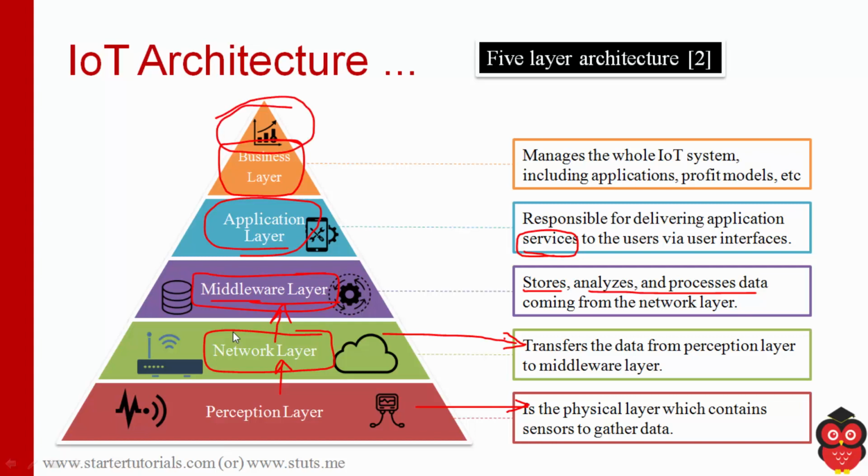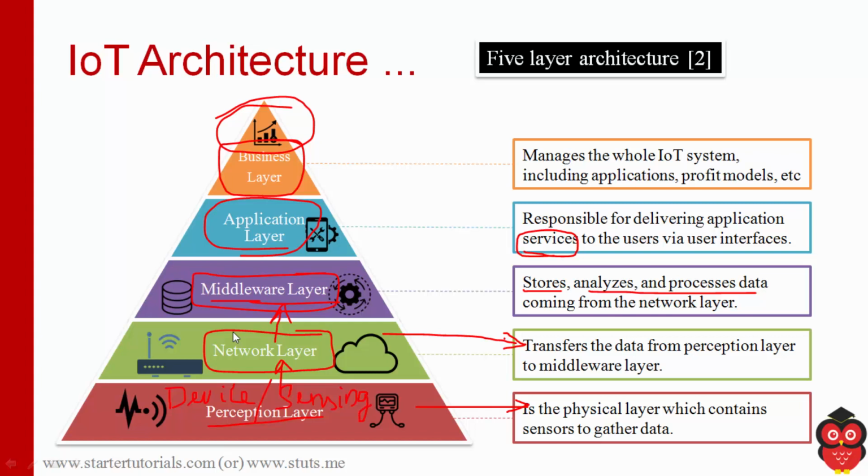Okay, and I would like to tell one more point. This perception layer can also be called device layer. Okay, or it can also be called sensing layer. Because typically in IoT system, the hardware devices that will be there in the perception layer are sensors.